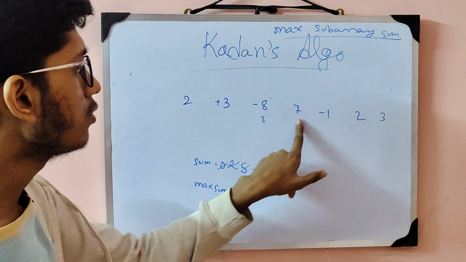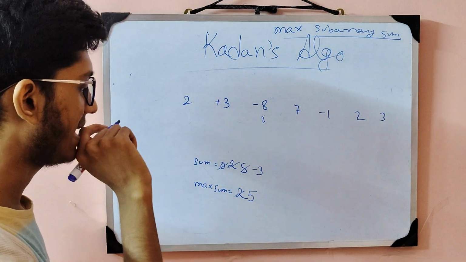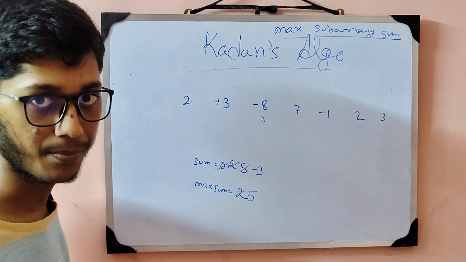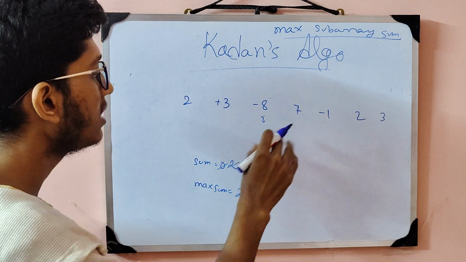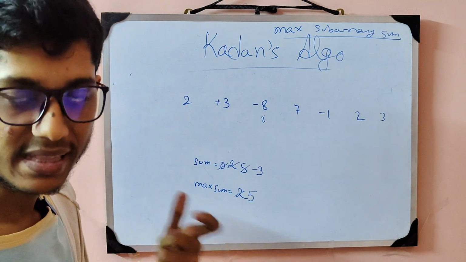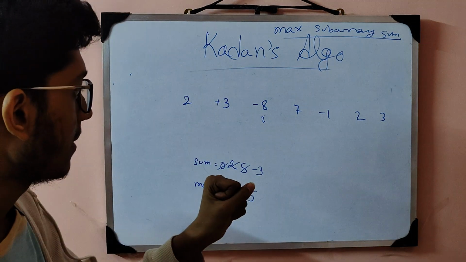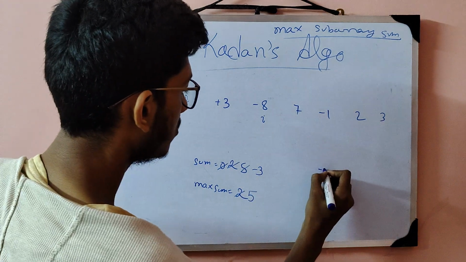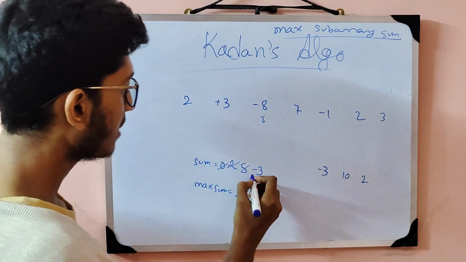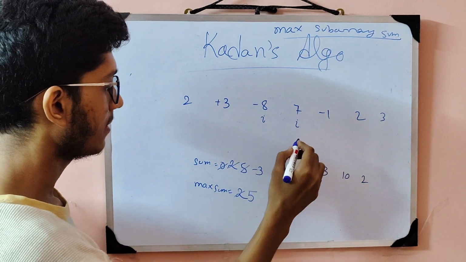But before going on to the next element, see one thing. Suppose I am taking minus 3 as my sum and I am adding it to the next element. Suppose the next element is 7, and I add minus 3 to it.